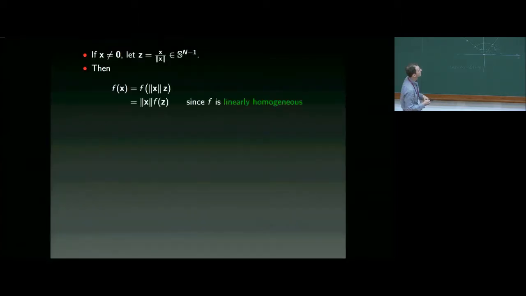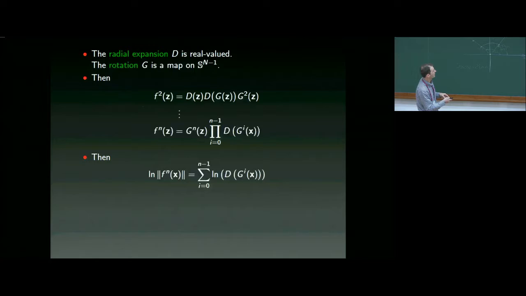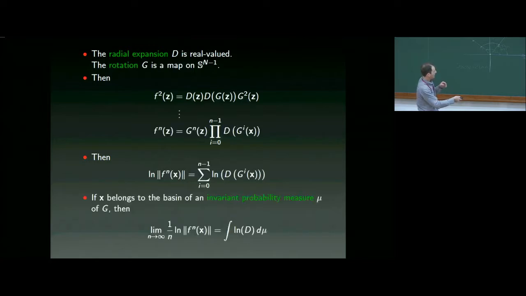Okay, so algebraically, this is what we've done. This works for n-dimensional maps, not just 2-dimensional maps. The key property is that the map needs to be linearly homogeneous, and then we can decouple it into a rotation and an expansion. I'll skip the derivation. At the very bottom here, this integral is the average value of log d over the invariant measure, mu.